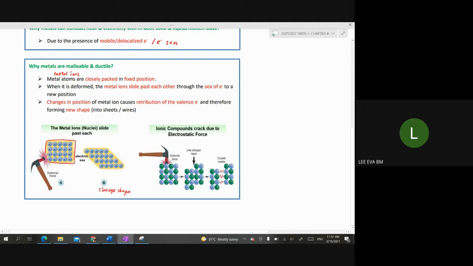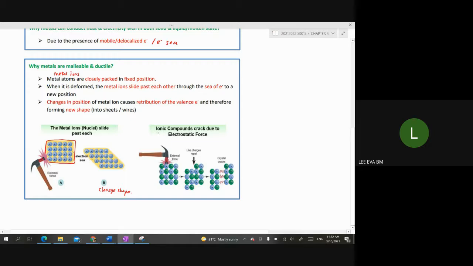So kenapa kita perlu belajar Electron Sea Model supaya kita tahu elektron ni sebenarnya dia macam glue, dia macam satu bentuk cair. So when you change the shape, you will not break the bond, but you only slide the metal ion. So electron dia akan ikut shape dia lah. So you are not breaking the bond, and that's why we have a malleable and ductile property for metal.